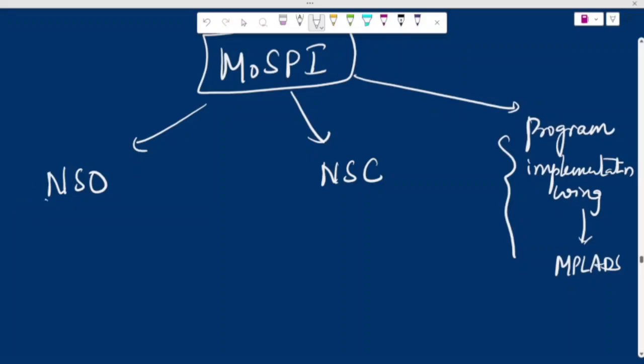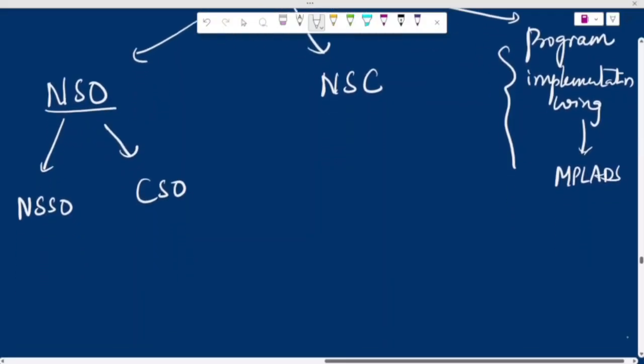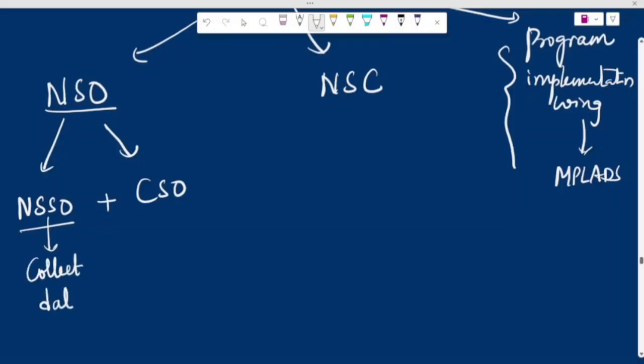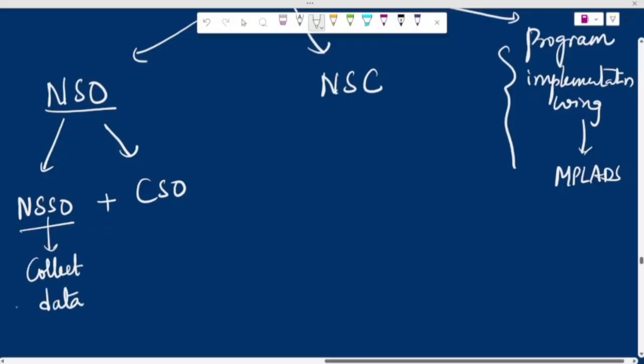The NSO used to have two offices called the National Sample Survey Office and the Central Statistics Office. Now they are commonly called NSO, but the work they do is that NSSO will be collecting the data, and CSO will be presenting the data in useful form, like statistics or bar graphs.